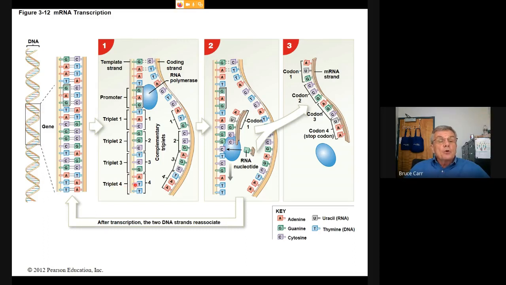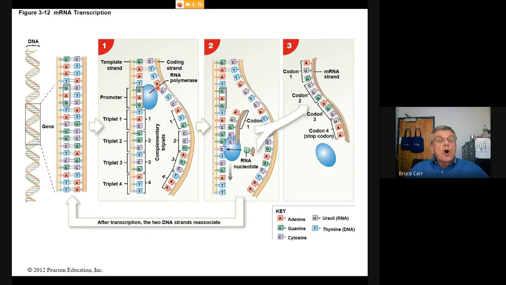In order to make a protein, you have to unwrap these two strands. And you'll notice there is one part that begins the coding for the protein, and this other is just the complement. We have an enzyme that manages this process.